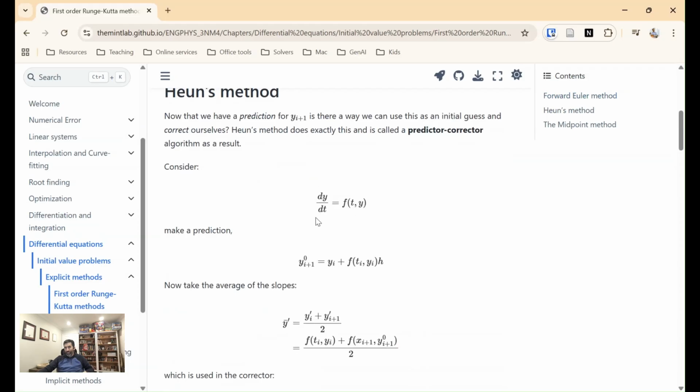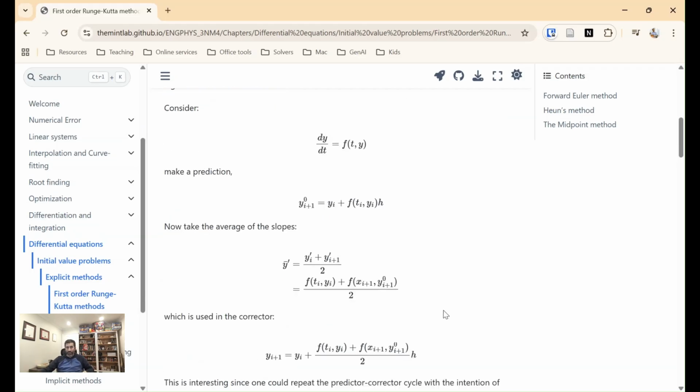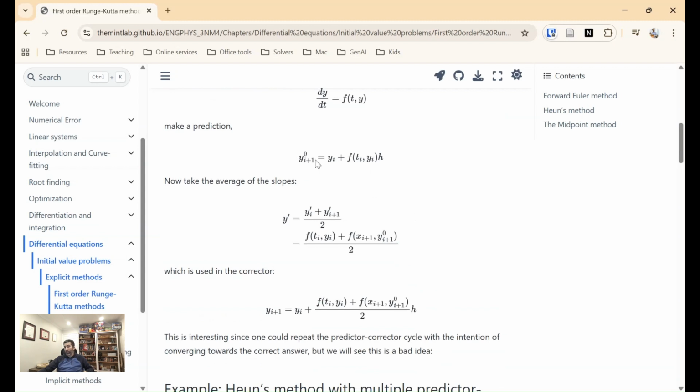So consider that you have this equation. We're going to make a prediction, y i plus 1 naught, and we're just going to say it's equal to that. But then we're going to average the original slope that we calculated, y prime, and the slope that we would calculate at that time step.